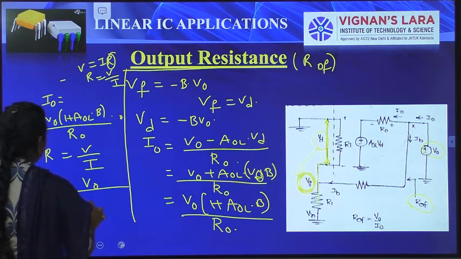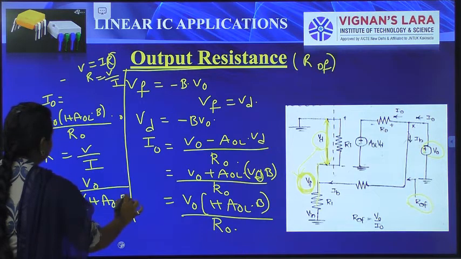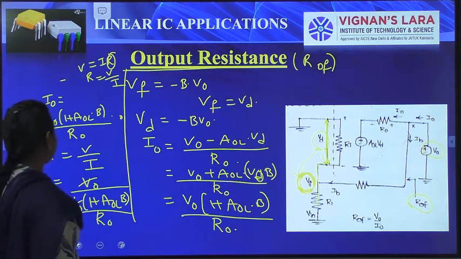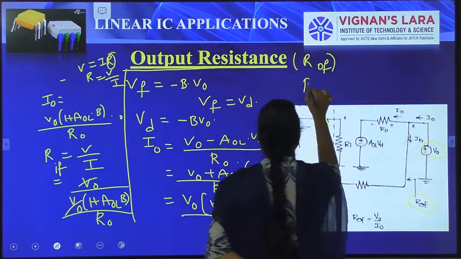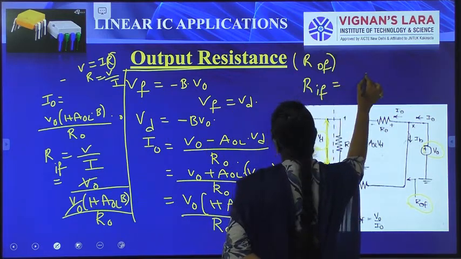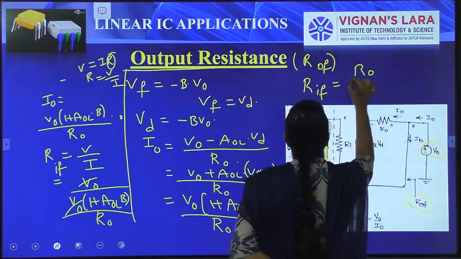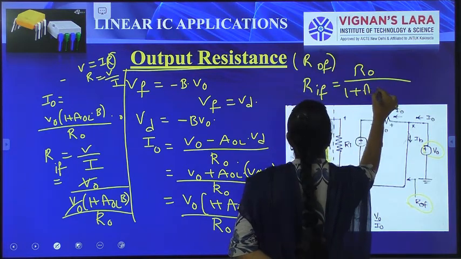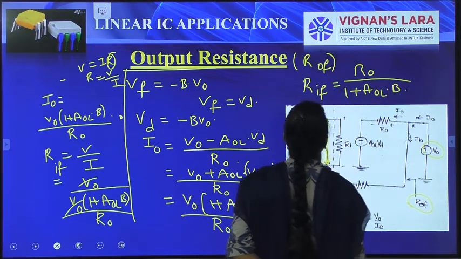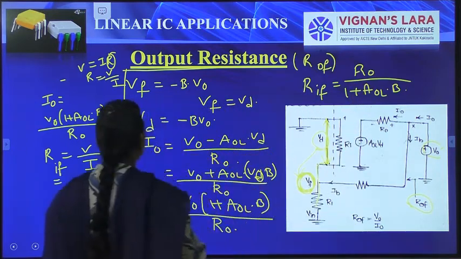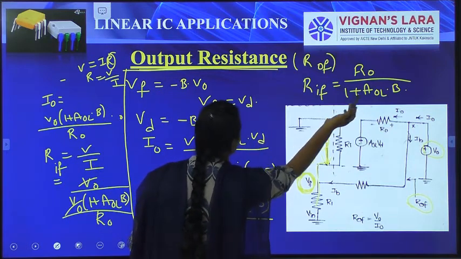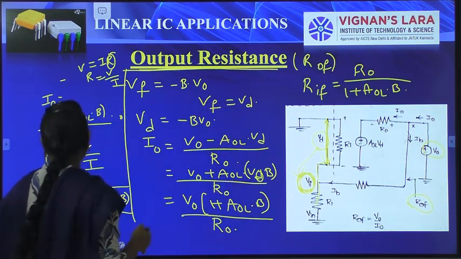So V naught of 1 plus AOL B by R naught, and V naught gets cancelled. The final equation for this feedback resistance is given as RIF is equal to R naught by 1 plus AOL B. So simply we can get the output resistance RIF in terms of the voltage gain.